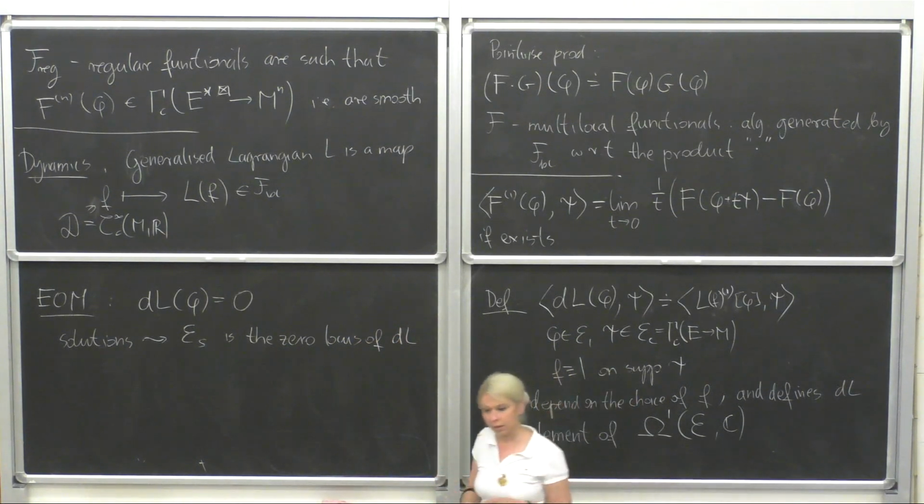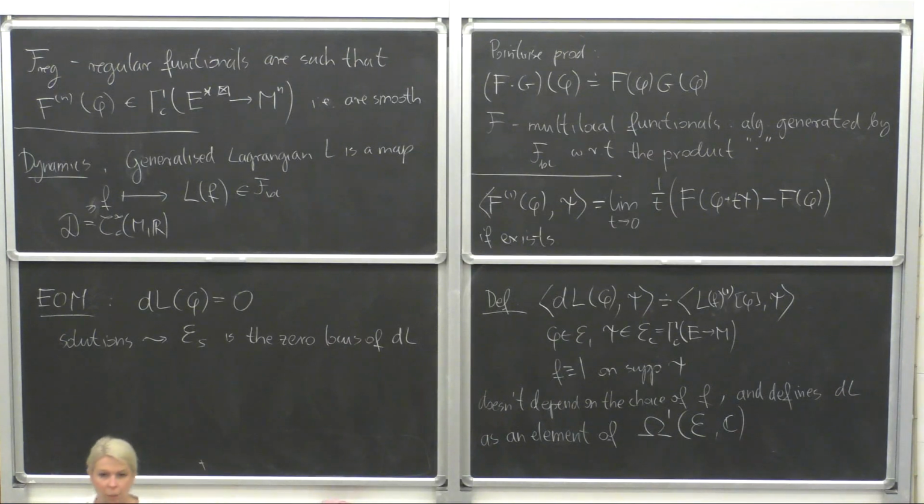This is also true for the compactly supported function psi, right? Because if psi is not compactly supported, then there's no f that is... No, okay, so this is a definition.